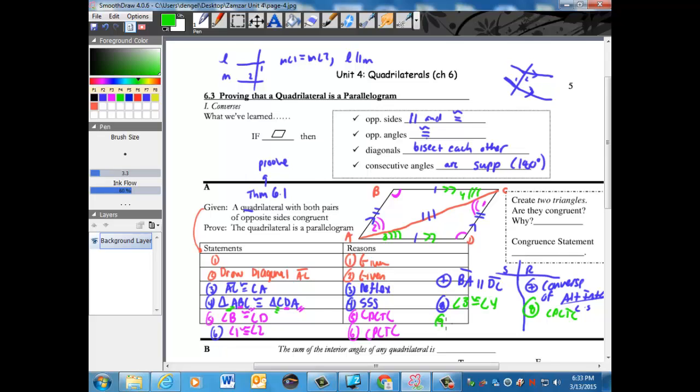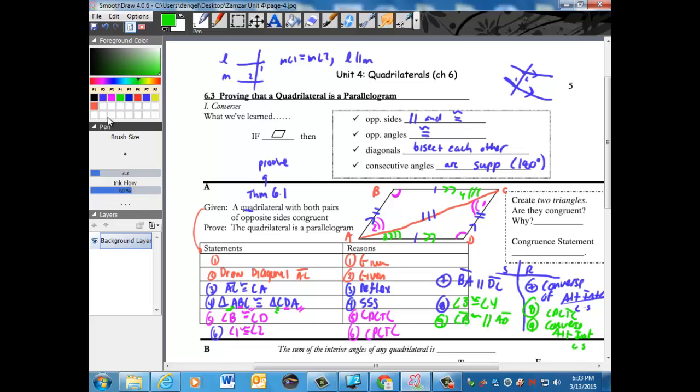I can now say that CB is parallel to AD. And why is that? Well, that's because alternate interior angles are congruent, but again, it's going to be the converse. So we have the converse of alternate interior angles.